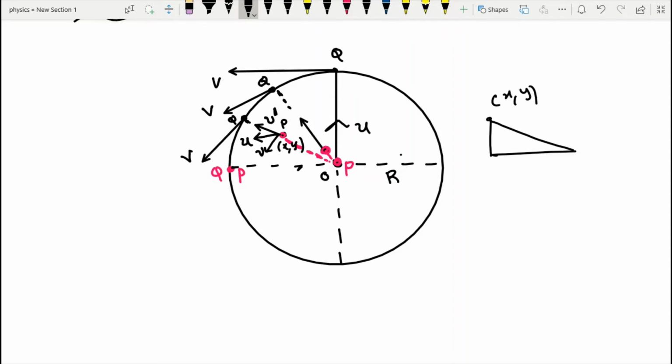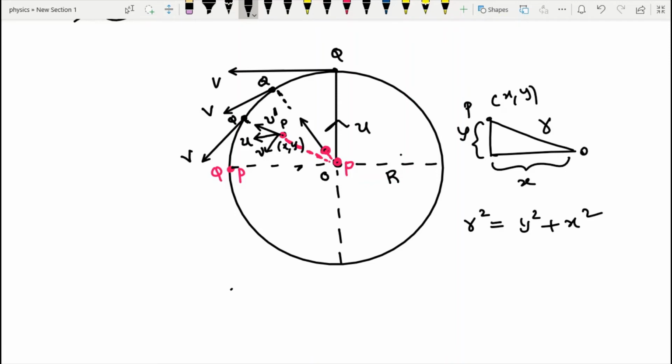This is y, and this is x, and this is the radius r. So you can simply write r square is equal to y square plus x square, because it's a right-angle triangle here. This is from point O, this is the particle P, and we already know this r value because we have already computed it. This is the speed of the particle P, which is parallel to the particle Q.